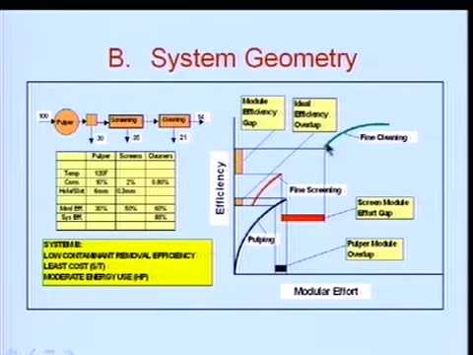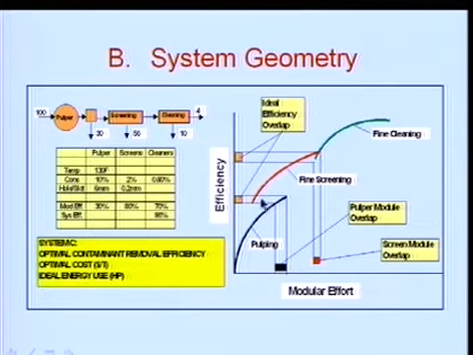In this case, we have a big gap between the screen and the cleaner. We have done very well between the pulper and the screen now, but we have left a gap between the screen and the cleaner. So we have an overall efficiency of only 86%. And of course, we have less contaminant removal efficiency, less cost, and also moderate energy use. So this system has some gaps in it in terms of what contaminants can be removed.